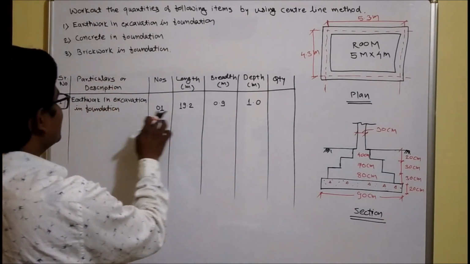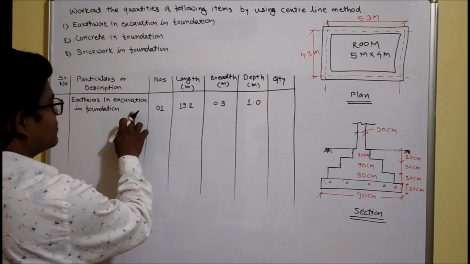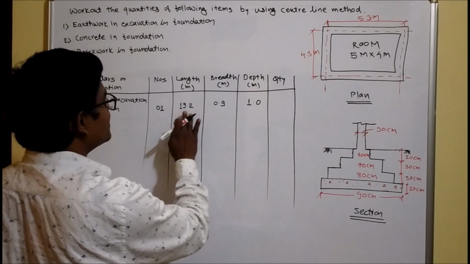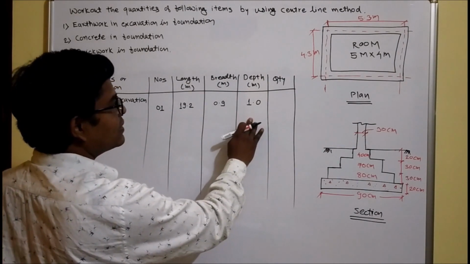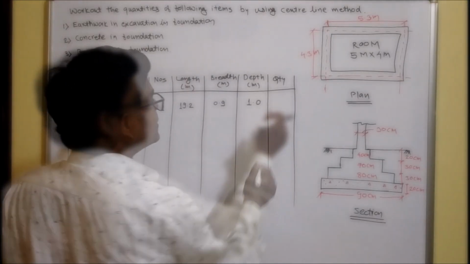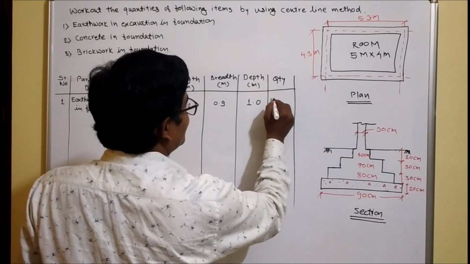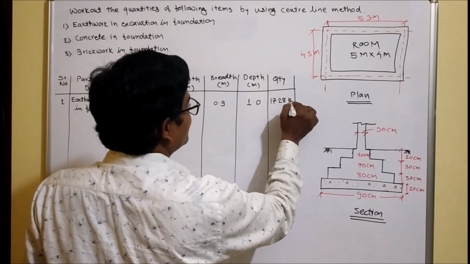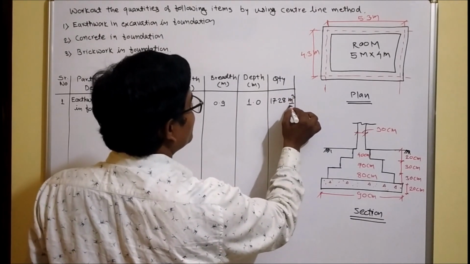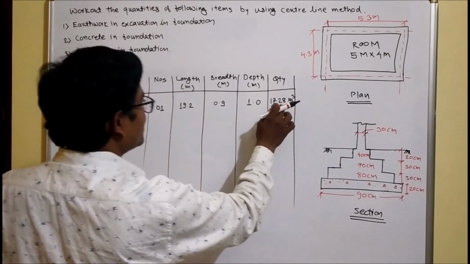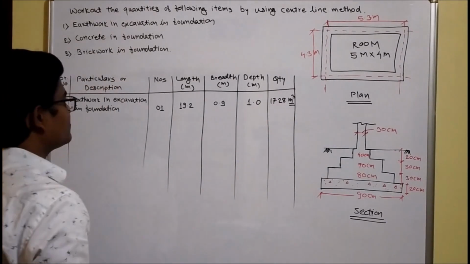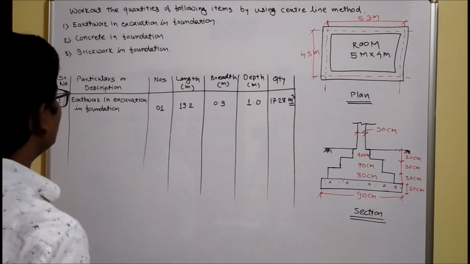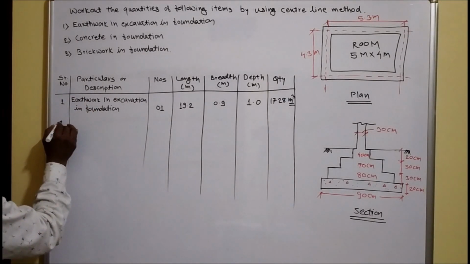We will get the quantities of excavation. After multiplying this length, breadth and depth, we will get quantity 17.28 meter cube. The unit of excavation is meter cube or cubic meter.